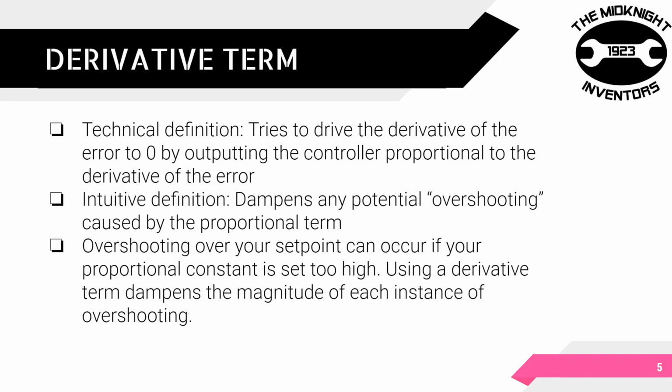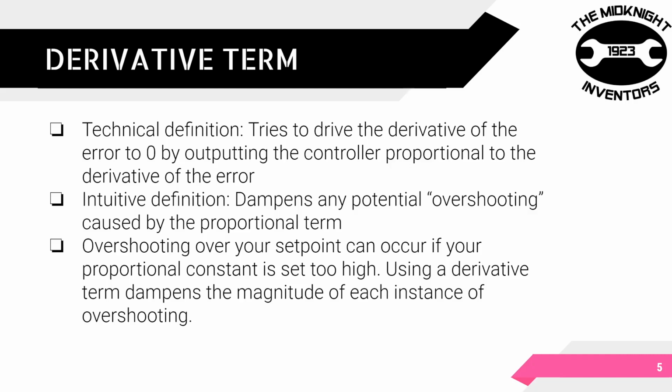The next term that I want to talk about is the derivative term in PID. A technical definition is that it tries to drive the derivative of the error to 0 by outputting to the controller proportional to the derivative of the error. A more intuitive definition that we like to use is that it dampens any potential overshooting caused by the proportional term. PID can actually be used as just a simple proportional loop. So you have this constant of proportionality, right?